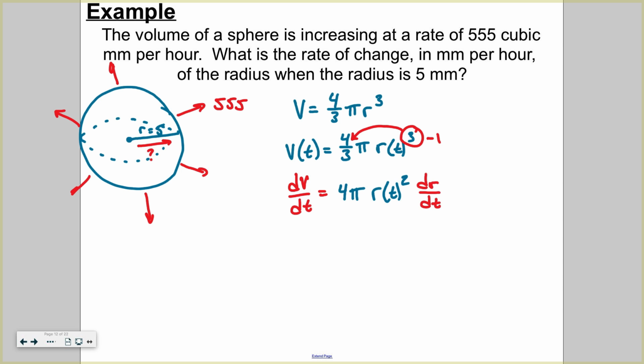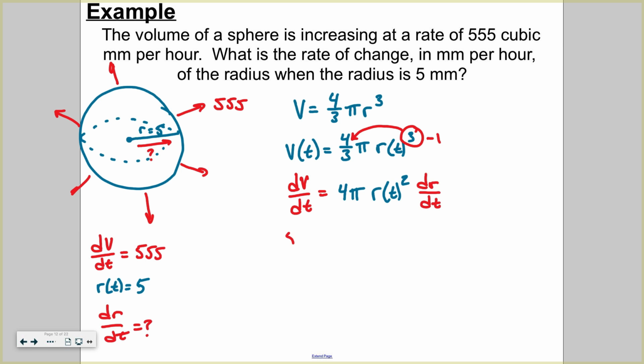All right, so then we can identify what we know. dV/dt we know is changing at a positive 555 cubic millimeters per hour. We know that r(t) is going to be 5. And then we are trying to find dr/dt. So then we can substitute in these values.